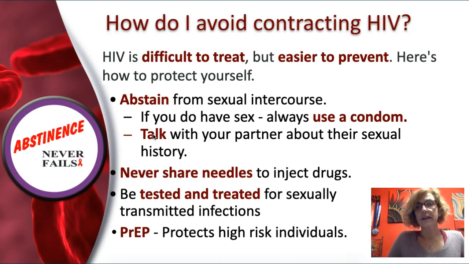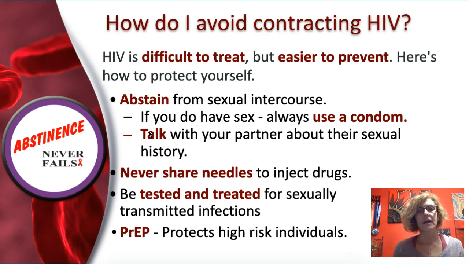So how can you avoid contracting HIV? HIV is difficult to treat, needs lots of medication and a very regimented schedule, but it's easy to prevent. And let me state the obvious. Abstain. Abstinence never fails. It's the only 100% way to protect yourself from HIV or any other STI. Now, that's probably not realistic for everyone watching this video.